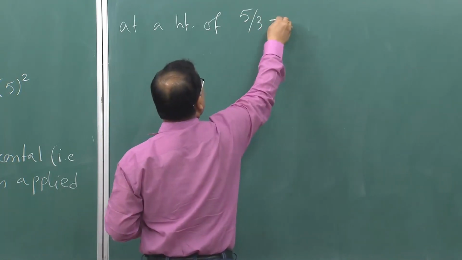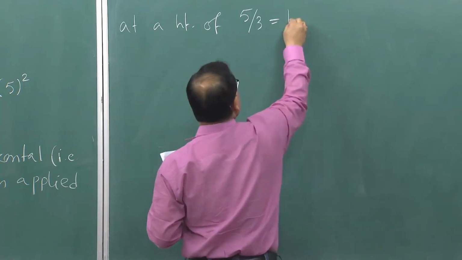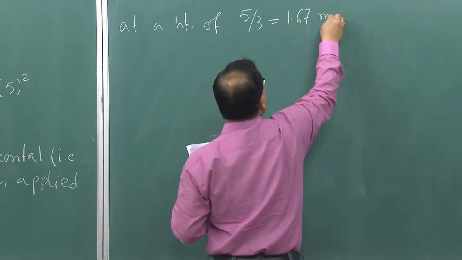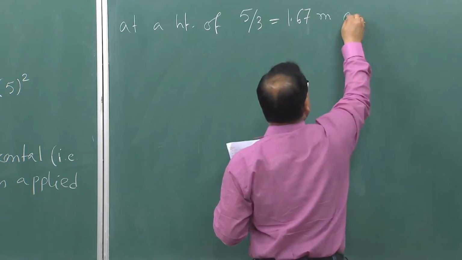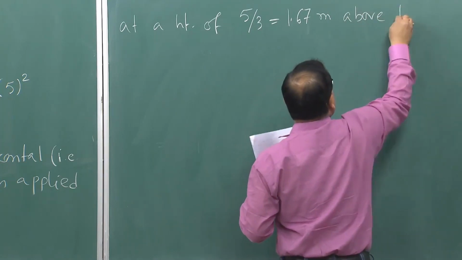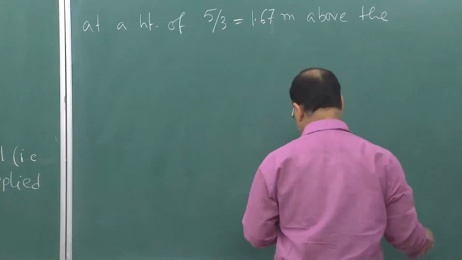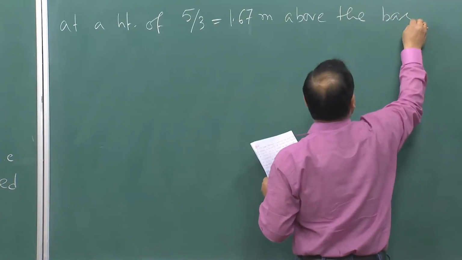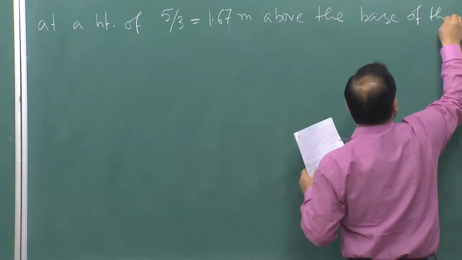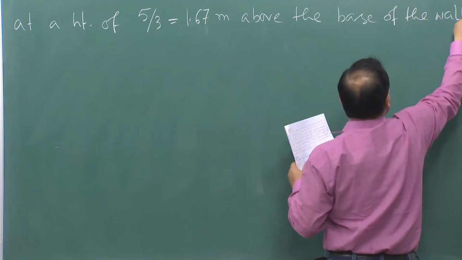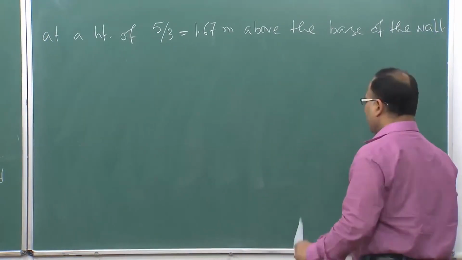So, 5 by 3 is equal to 1.67 meter above the base of the wall.